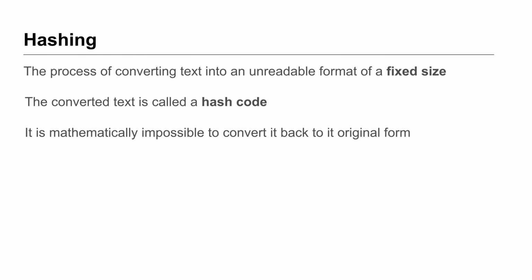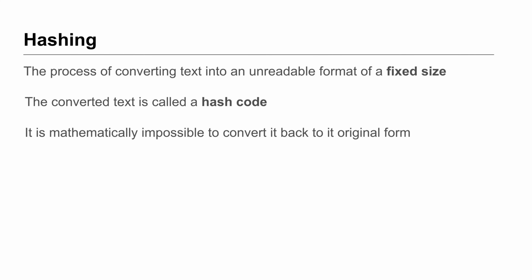Now, so what is the benefit of hashing? You see, in encryption, it's a two-way thing, right? You encrypt a password using a key, and using the same key, you can decrypt it back. But in hashing, it's mathematically impossible to convert it back to its original form.